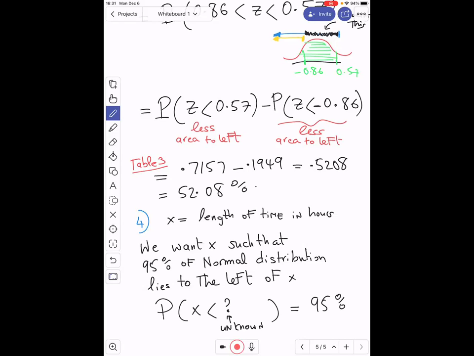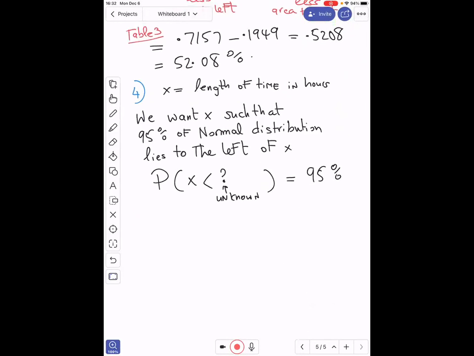So the 95% is not x. It's not your variable. 95% is the probability, that's the percentage, or the area. So for which value of x is the probability that x is less than that value equal to 95%? There are 2 steps here.